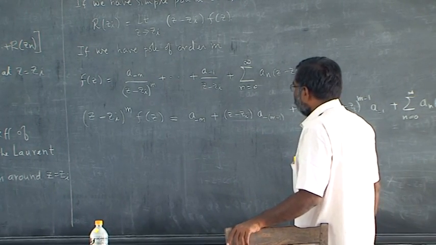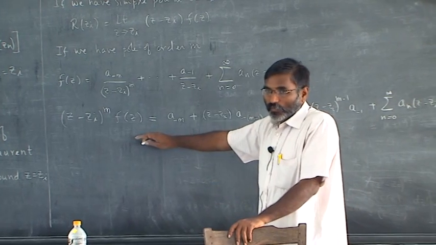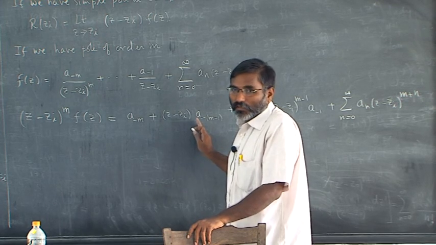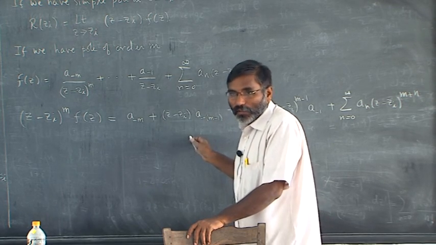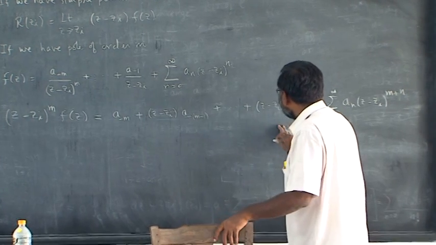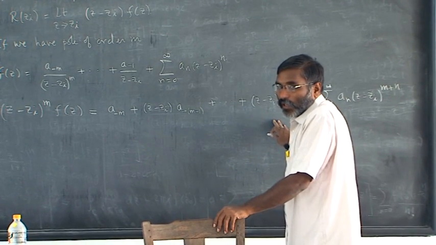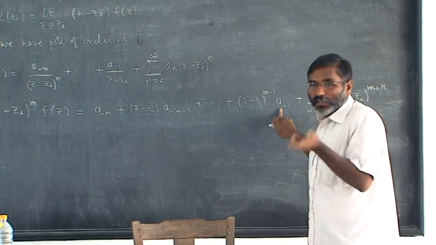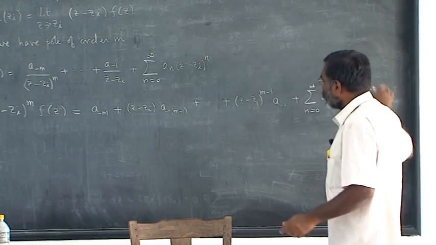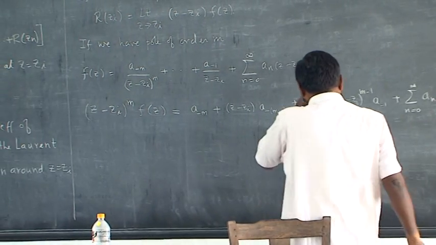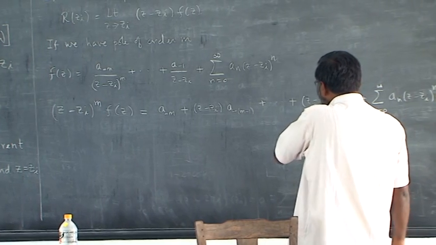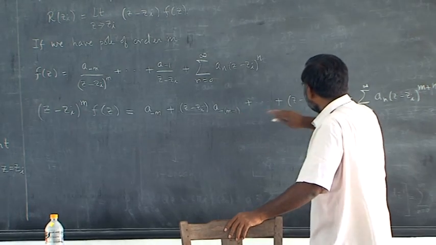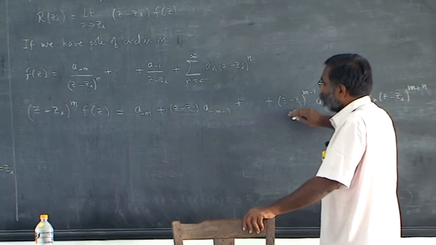Now, if I differentiate this once, what will I have? This term will go away. This term will become constant. If I differentiate this twice, this term will go away. Now, if I differentiate this m times, what will happen? This term alone will remain. And then if I take the limit, all these terms will go away. But you can see that, I differentiate it once, this term will be there. I differentiate it m minus 1 times, this term will be there.